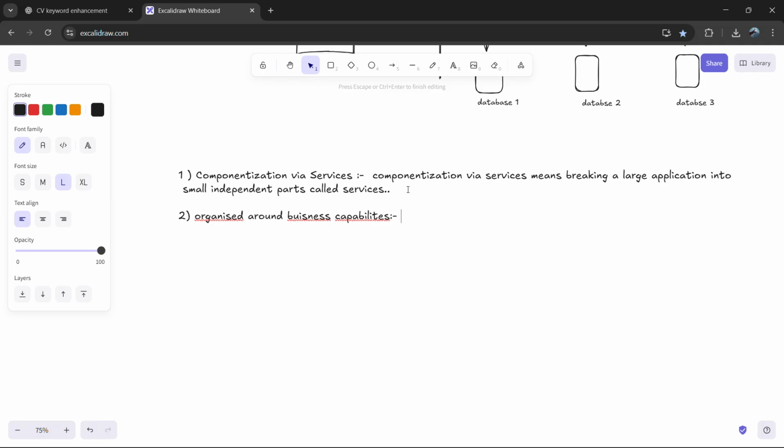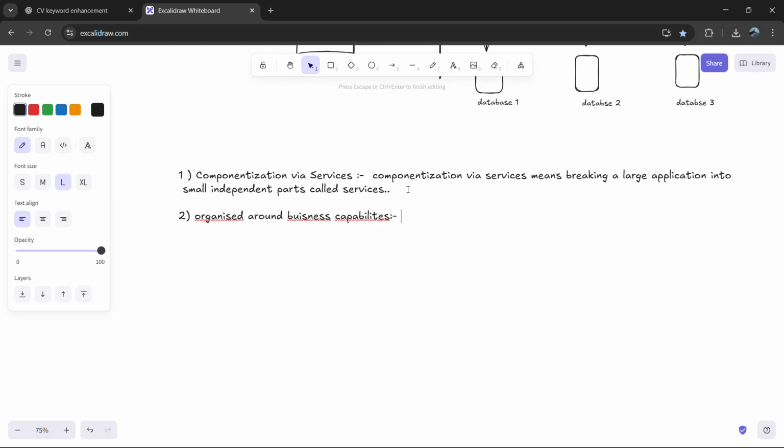Similarly, in an e-commerce system, the business capabilities are managing customers, managing products, handling orders, and processing payments. Each of these capabilities is implemented as a separate service. The main idea is that the software system directly reflects how the business works. This alignment ensures that whenever business needs change, the software can also evolve easily.